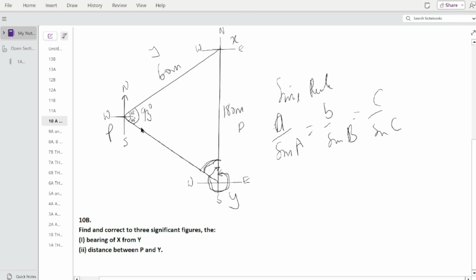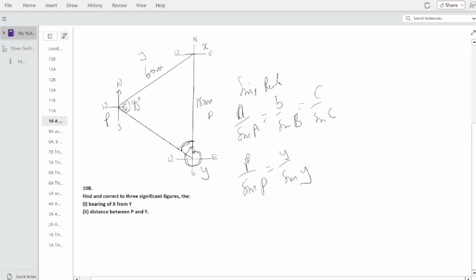Since we have our big P here that represents the angle and the small p as the side, the distance, we can say P over sine P equals, we're looking for this angle, this Y over sine big Y, the angle of Y. So we have Y over sine Y. We know our P, which is small p, is 180 meters. So we write 180 over.